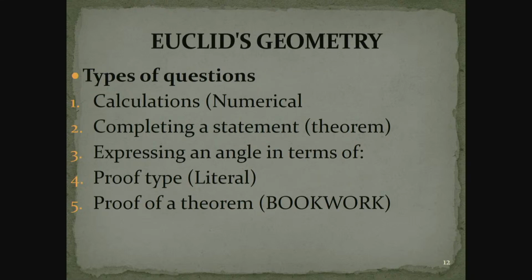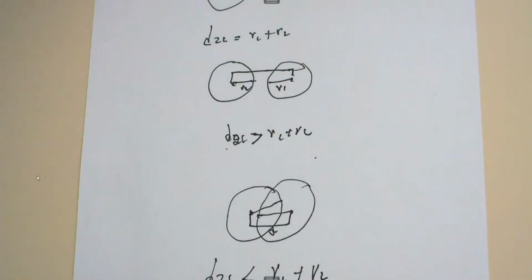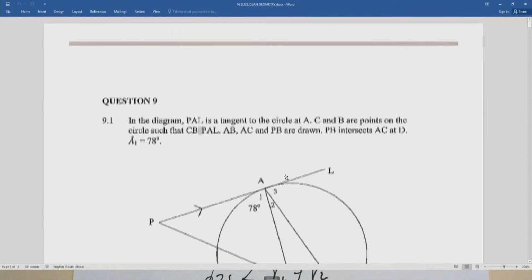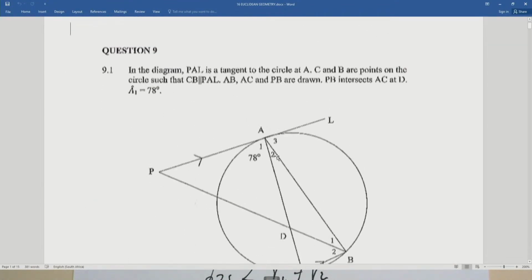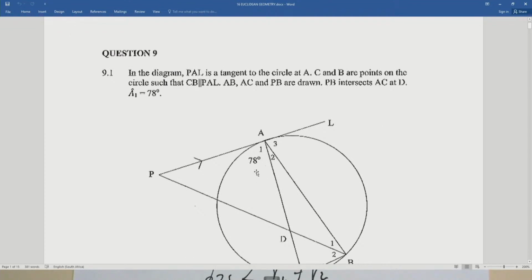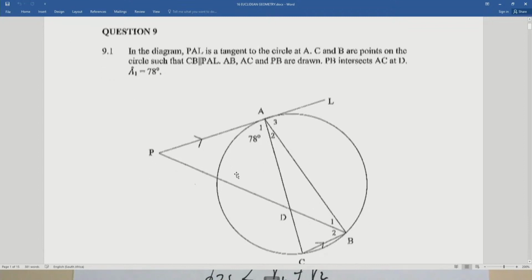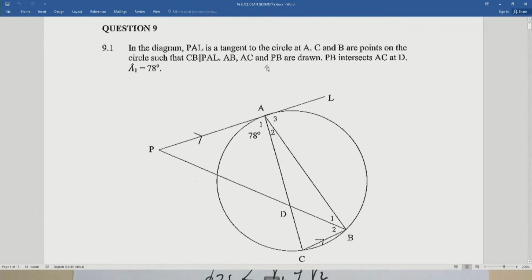Yes, before I go to this one, I'm not going to solve it, but let's just look at what I was referring to. Right, look at this question. In the diagram below, PAL is a tangent to the circle at A. Right, and then C and B are points on the circle such that CB is parallel to PAL.